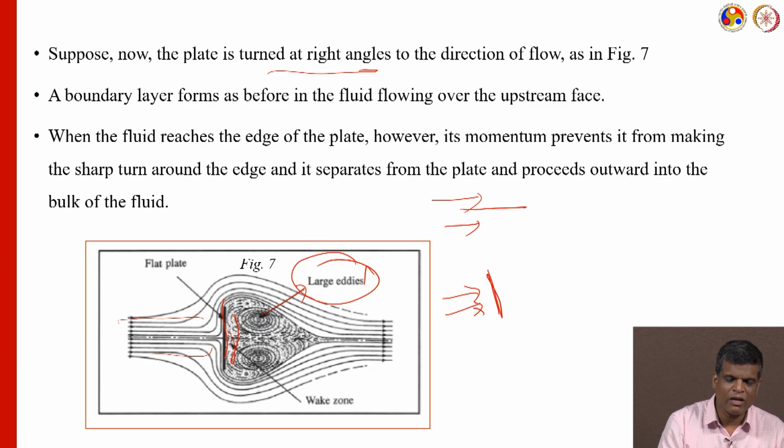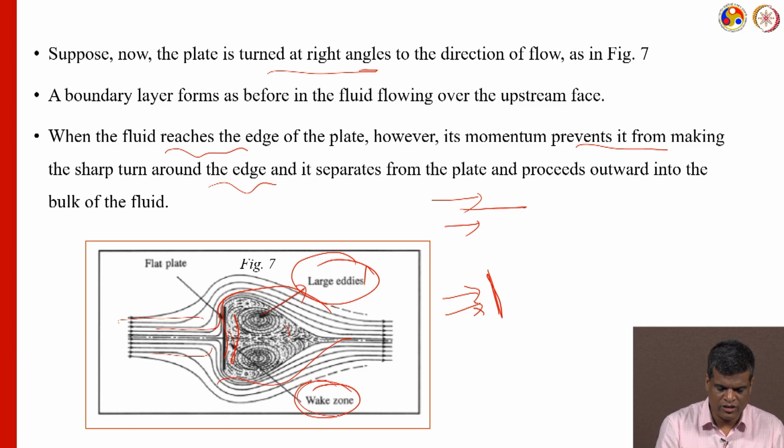The zone we call a wake zone. When the fluid reaches the edge of the plate, it starts to move around like this. Then in this place a lot of eddies form, because it turns around the edge. That is called the wake zone, where we form a lot of large eddies.